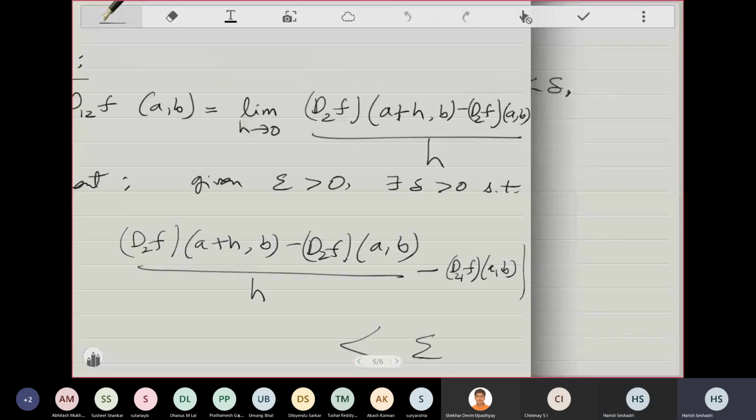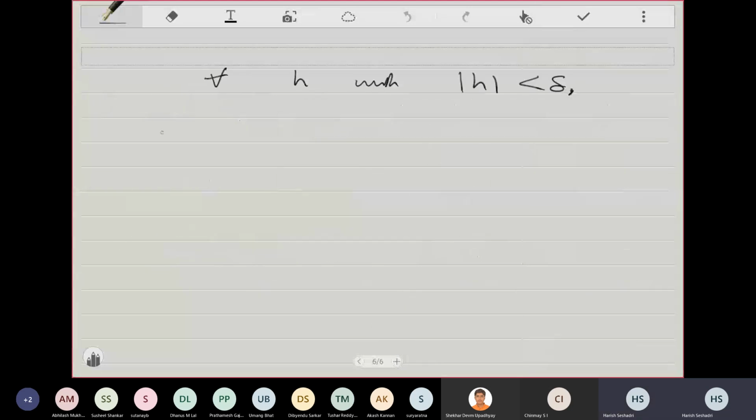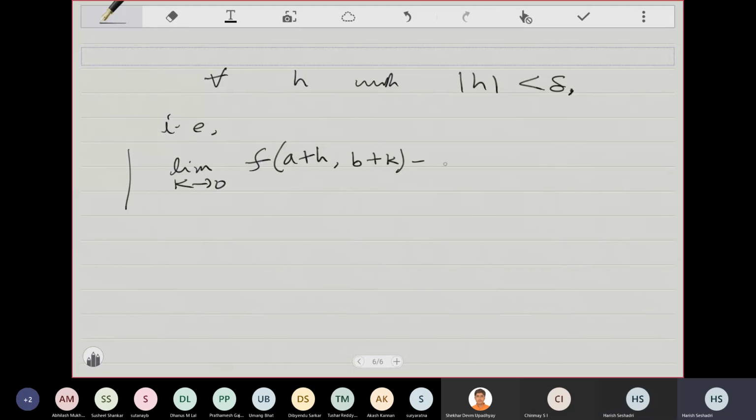Now you go back and look at this again. You then just write down the definition of D2f. That is, the modulus of the limit as k goes to 0 of f(a+h, b+k) minus f(a+h, b), divided by k; h is fixed.